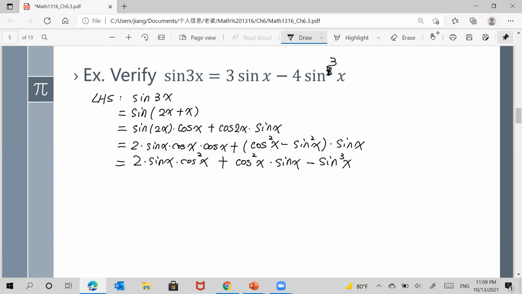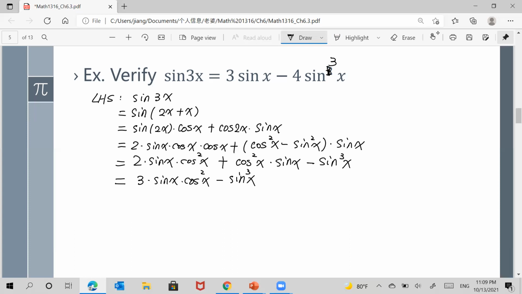Oh, it's almost there because we have the cubed term. Look, cosine x squared sine x, and 2 cosine x squared sine x plus cosine x squared sine x, these terms are the same. So 2 plus 1 is 3: 3 times sine x times cosine x squared minus sine x cubed.